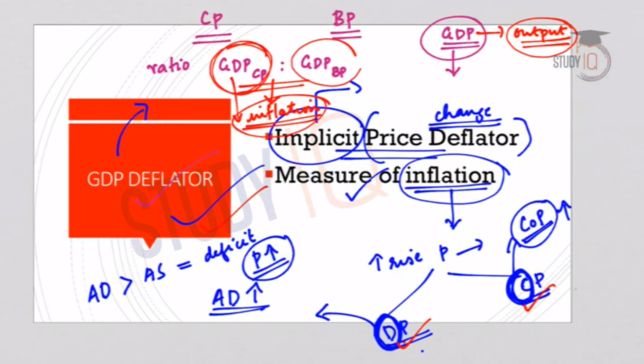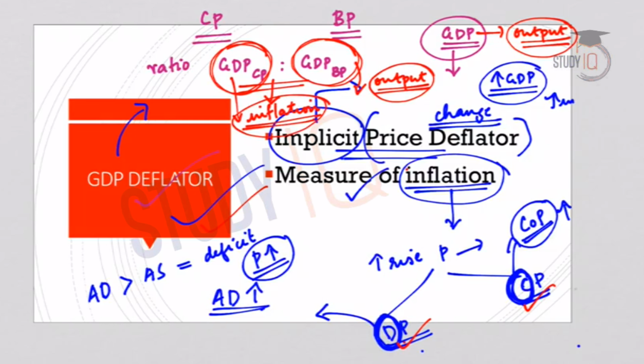GDP at base year prices means GDP is calculated on the basis of base year prices, and here output is what is considered. So GDP deflator will help an analyst or an economist to understand to what extent an increase in the GDP is because of an increase in the inflation rate, not because there is an increase in output.